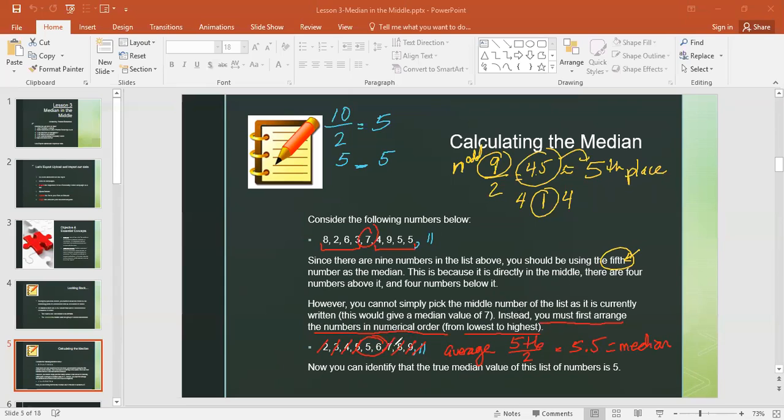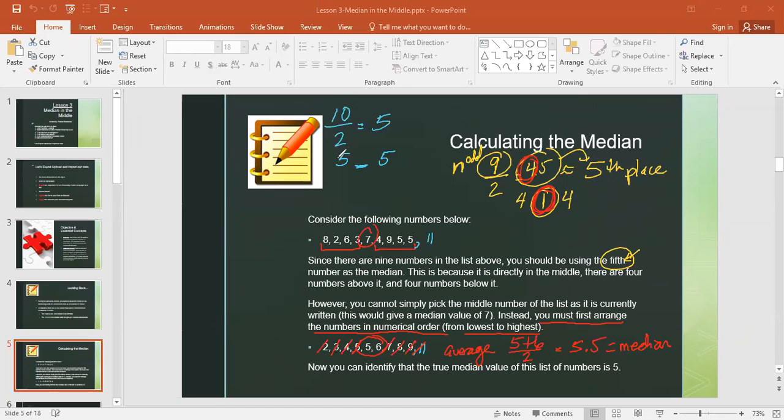Okay. So when you have an odd number of values and you get a decimal when you divide by 2, that whole number is how many values you have before it and how many values you have after it, and then those 0.5s add to give you that one that's left in the middle. But when you have an even number of values, you're going to get that whole number.